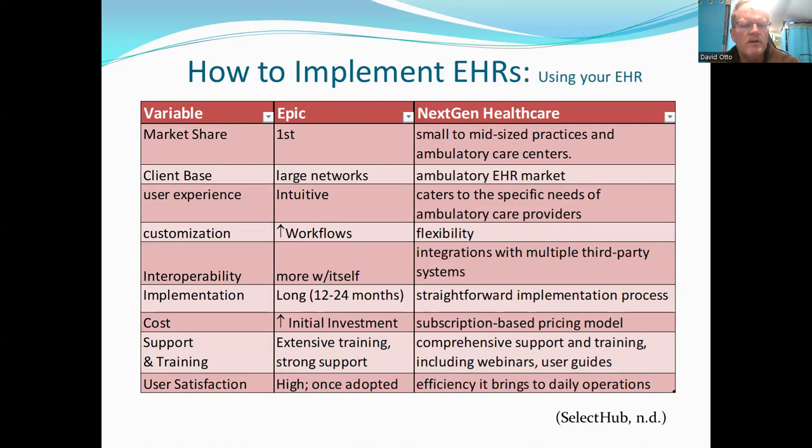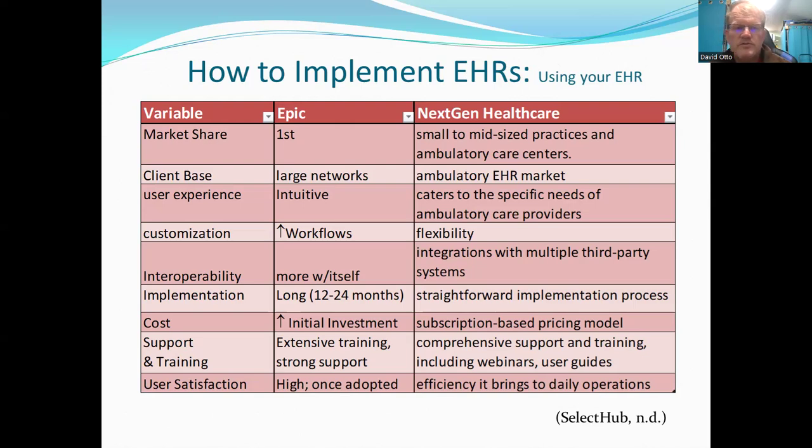And that's important in this analysis because Epic is more specialized and has a niche market. So in the client base, Epic is a huge market, whereas NextGen is just the ambulatory EHR market. So I try and corner that niche.